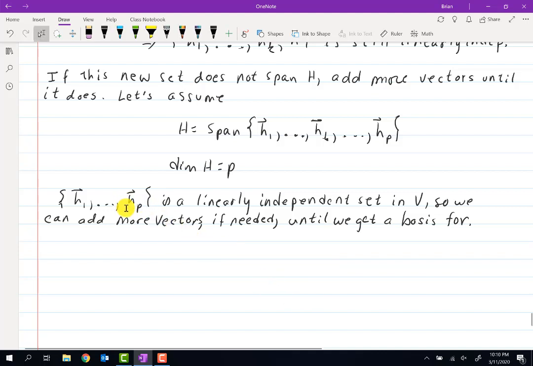That means that the dimension of V has to be at least p. Otherwise, if it were less than p, this says we have to be able to extend it to a basis for V. Well, then the dimension of V can't be less than this. Otherwise, you can't extend this in any way, shape, or form. So just because of that, we know that the dimension of H has got to be less than or equal to the dimension of V.